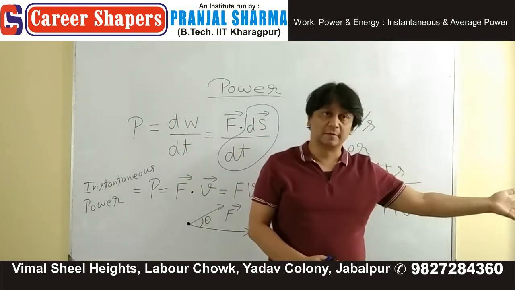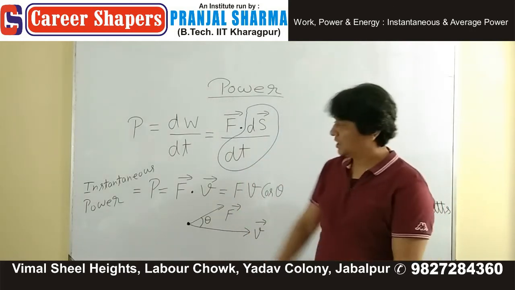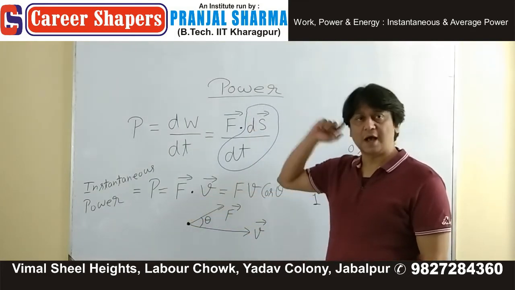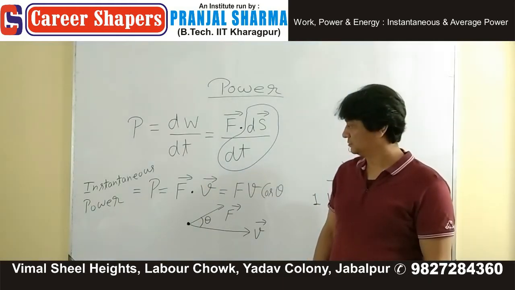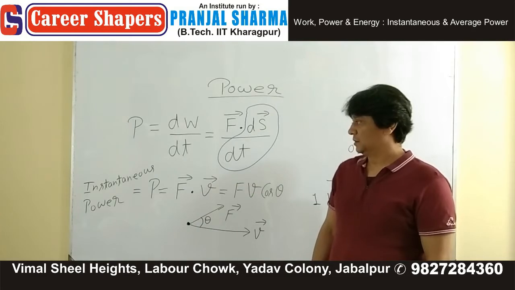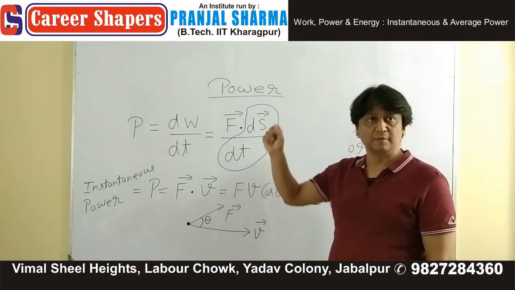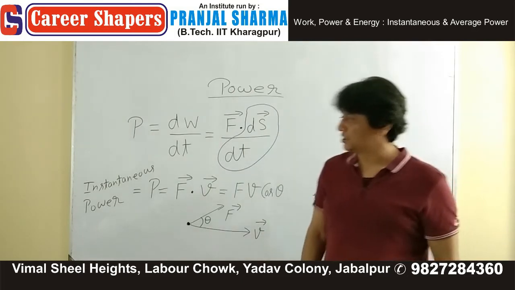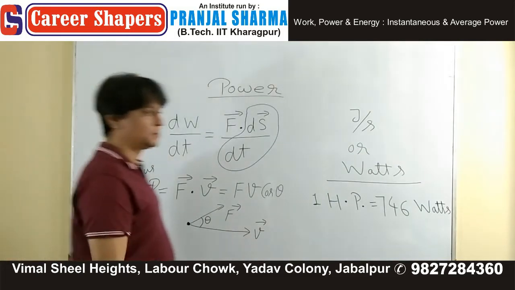At some other time, this V will change because of the force, and therefore P as F dot V has a special name which is called instantaneous power. Instantaneous power means power at time t, small t. Write down like this. Instantaneous power means power at time t.